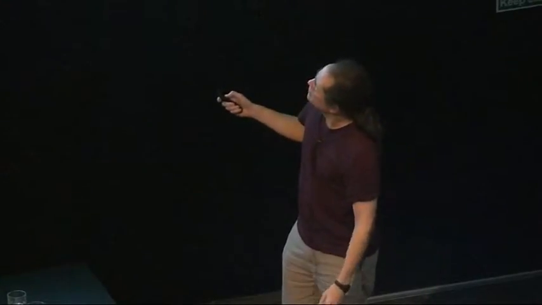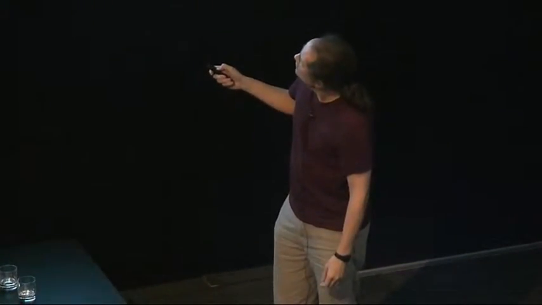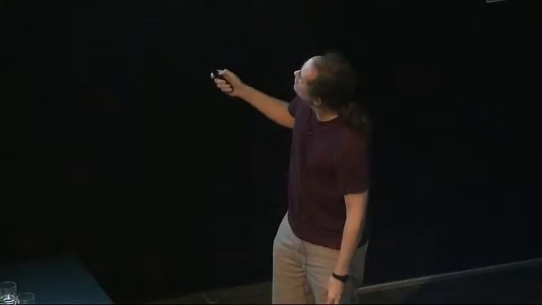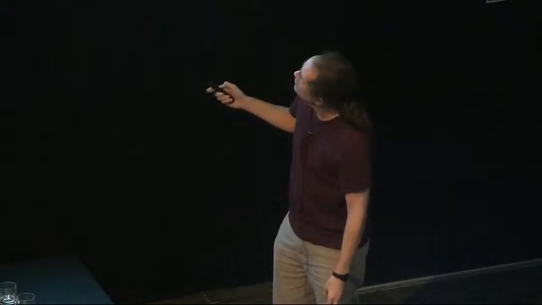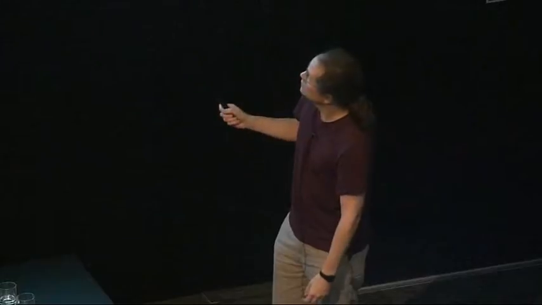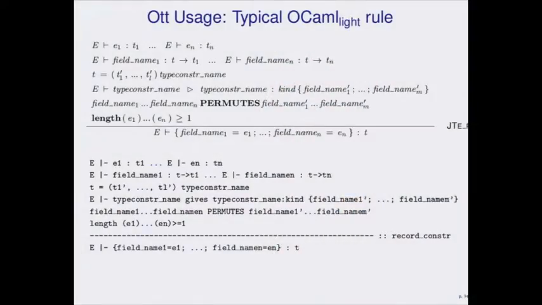This is not very subtle, actually, but there's some stuff going on. There are some tuples of derivations and a bunch of typing assumptions on fields and some other kind of stuff. So I don't want to talk about that in any detail, but I just want to show you what you would have to write in Ott to express that rule, and it's that.